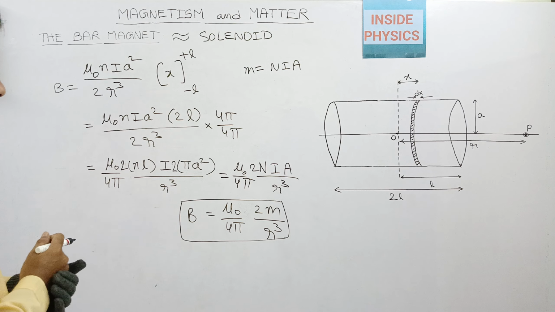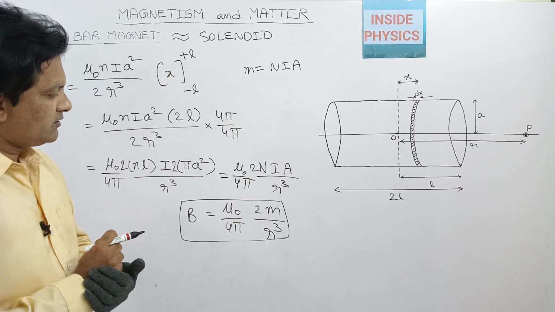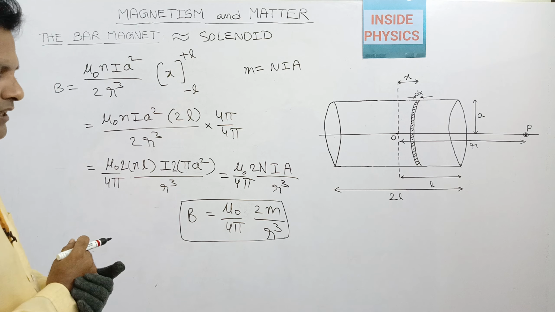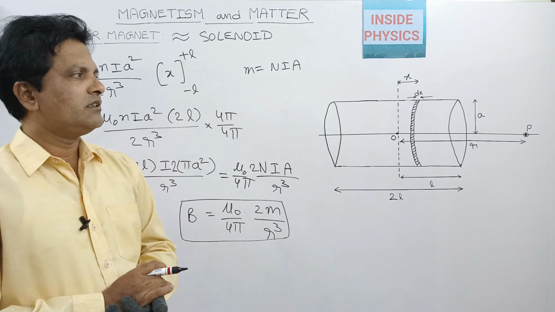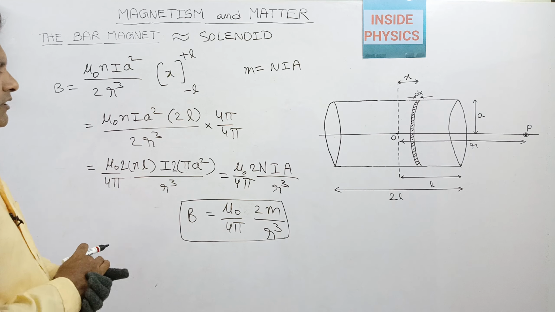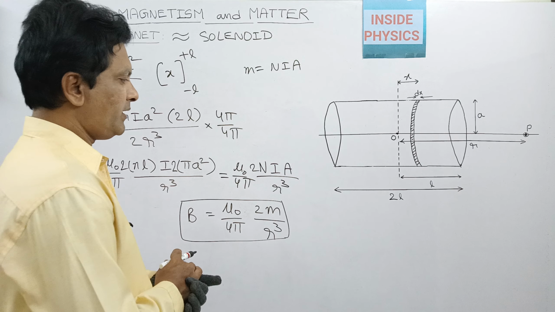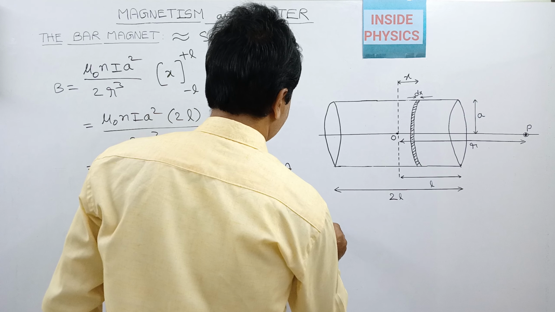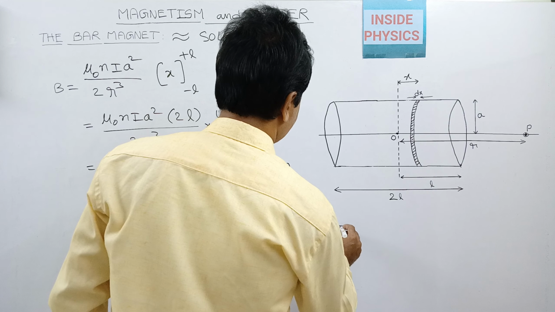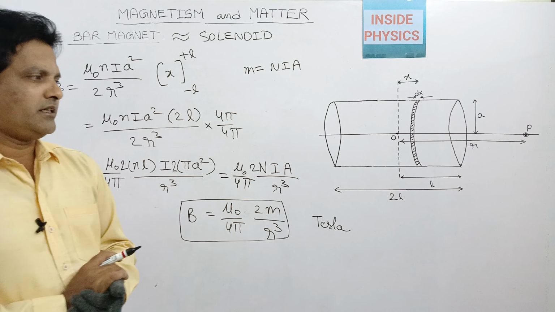So this is how we will analyze a bar magnet and its characteristics, the field lines, how to draw the field lines, and its analogy with the solenoid. The unit for the magnetic field here is Tesla.